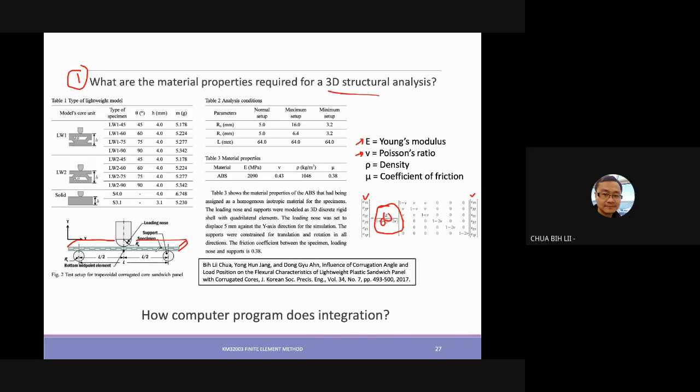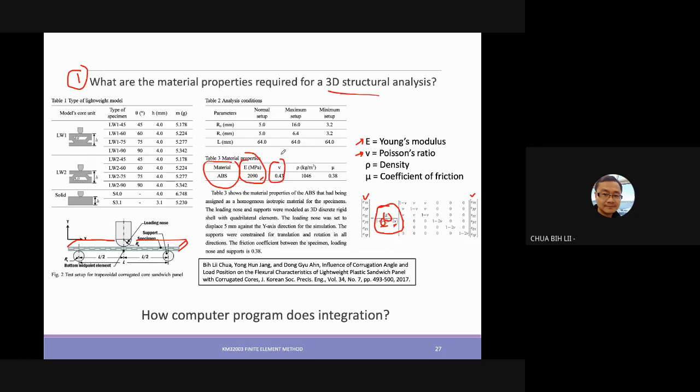In this paper, they reveal that the material is ABS. For this analysis to be completed, it also requires the Young modulus to be defined, then the Poisson ratio, because it depends on these formulations.